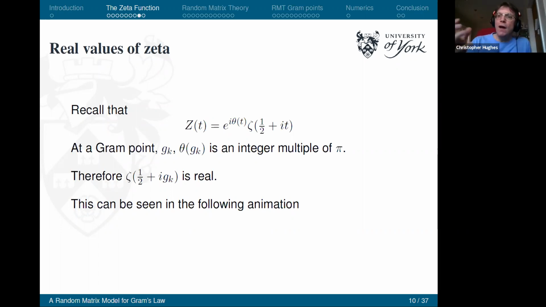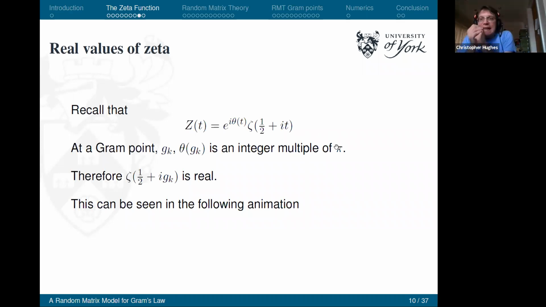So recall Hardy's function. This is the real function that is of the same size as the Riemann zeta function, so you can find the sign changes. Z of t is e to the i theta of t times zeta of a half plus it. Now remember the definition: the kth Gram point g_k is the value where theta of g_k is equal to k times pi.